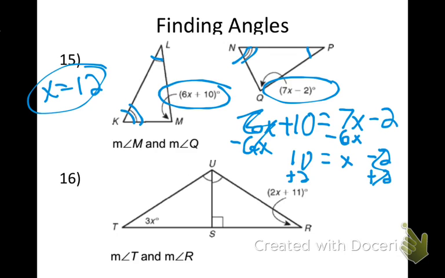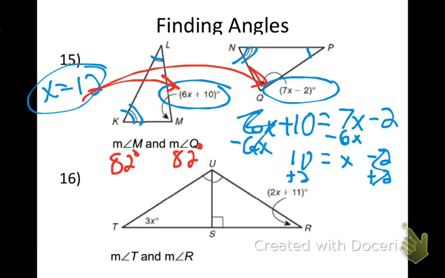Now I need to plug that back in. So I take that and I plug it back in for my angles. 12 times 6 is what, Tyler? Plus 10? So that one is 82 degrees. What's my other angle have to be then as well, Tyler? 82 degrees. Nice job, sir.